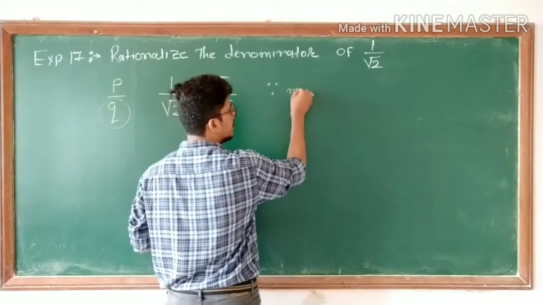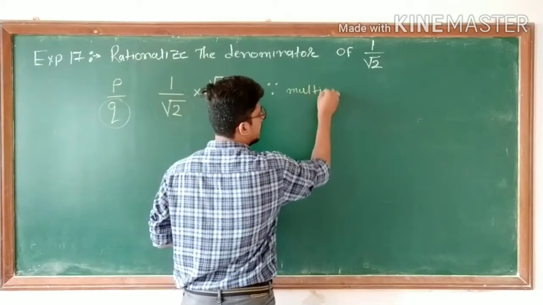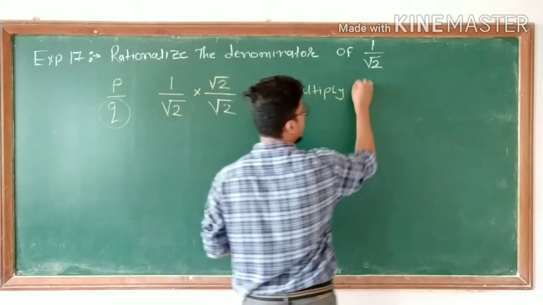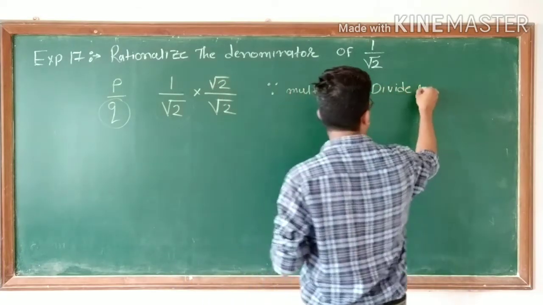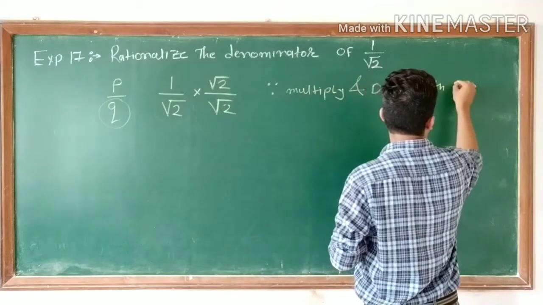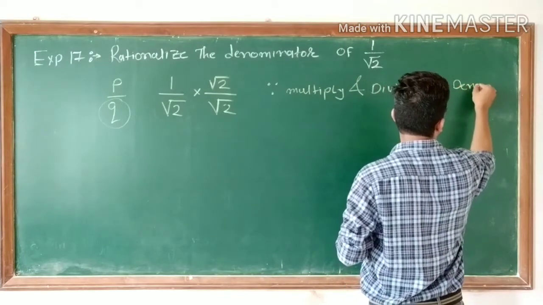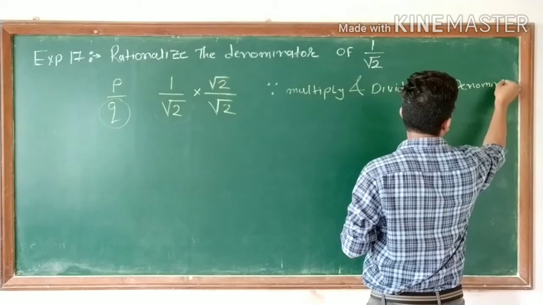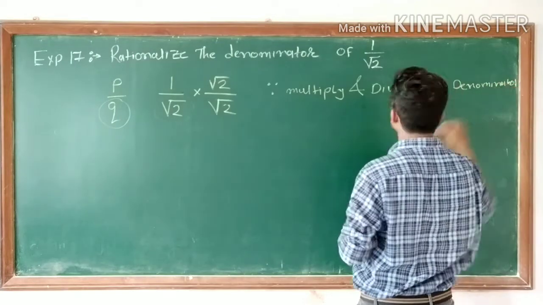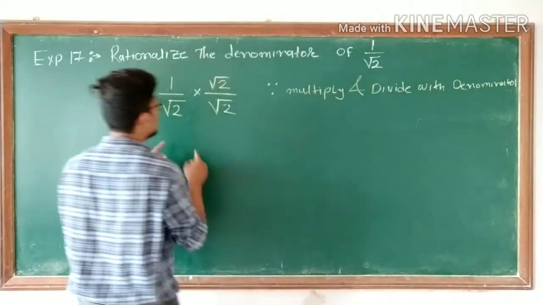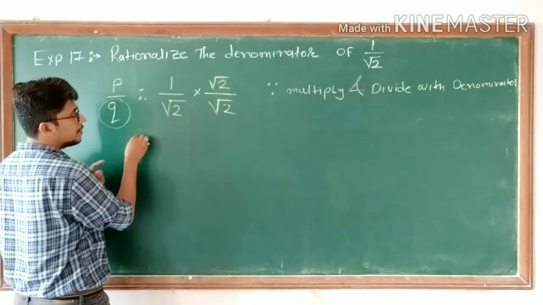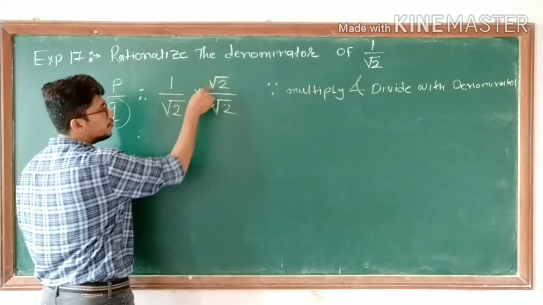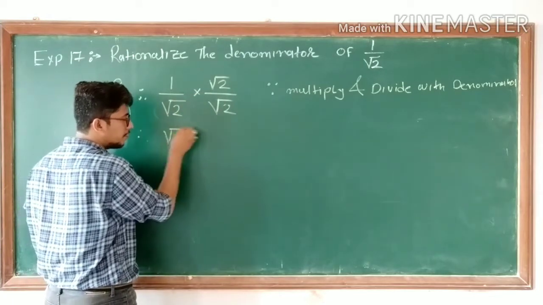Because we multiply and divide with the denominator.